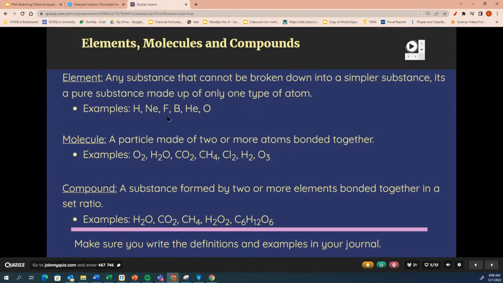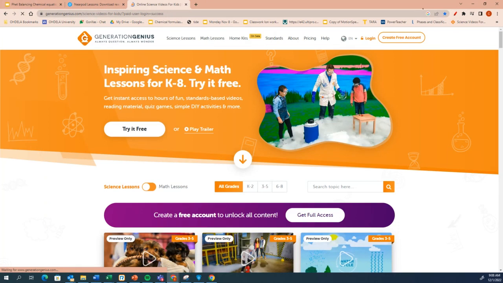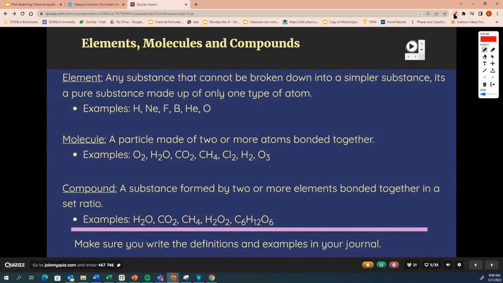Examples: H, Ne, F, B, He, and O. Now, you have to remember, if I have something that looks like H, Br, think of it as a comma between the capital letters.